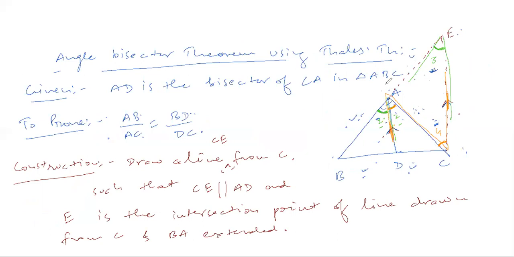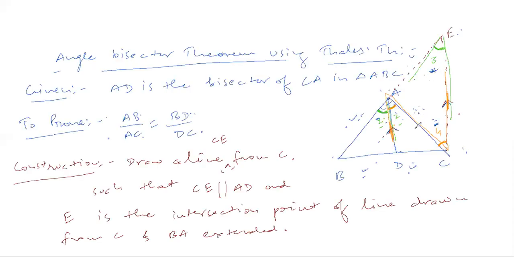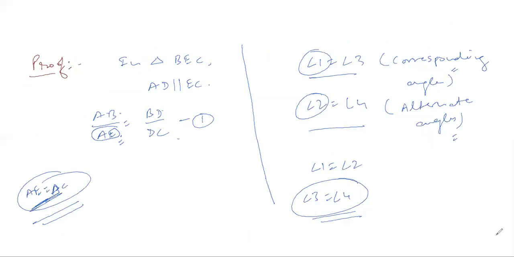So just mention it here that in triangle AEC, angle 3 is equals to angle 4. So the opposite sides will also be equal. Opposite to 3 side is AC and opposite to 4 side is AE. So AC will be equals to AE. AE will be equals to AC. So we have proved this thing, and take this as equation number 2.